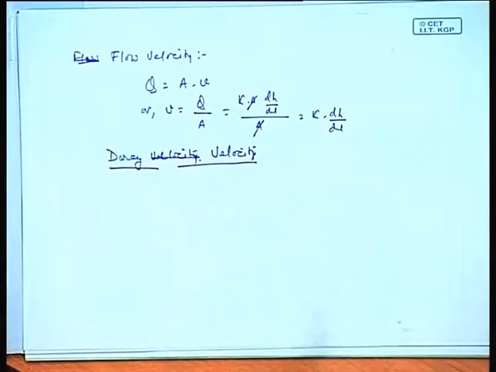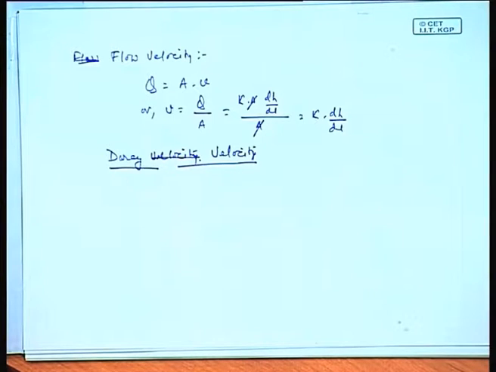What is generally understood in the case of a Darcy velocity is this. If this is the cross section of the aquifer under consideration, in that cross section there will be some impervious zones and some pervious zones like this.